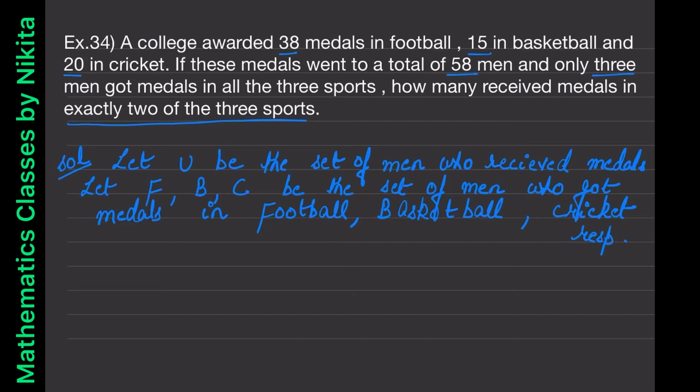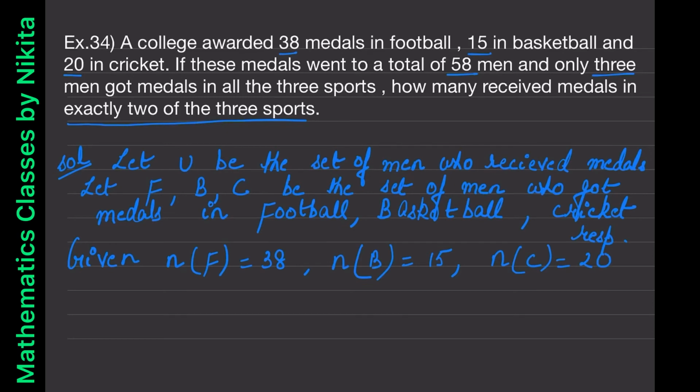So F is the set of people who got medals in football, B is the set of people who got medals in basketball, and C is the set of men who got medals in cricket. Now what is given to you? So it is given, first of all, a college awarded 38 medals in football. So number of elements in F is equal to 38. 15 in basketball. So N of B is equal to 15. And 20 in cricket. So N of C is equal to 20.